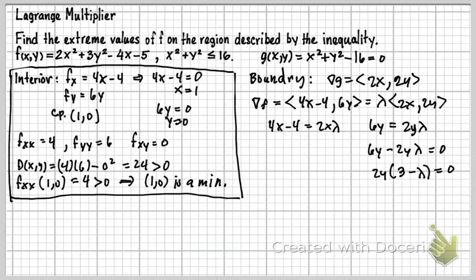Okay, so anyways, this tells me y is going to equal 0, or lambda is going to equal 3. And when I looked at this other problem here, this is the reason why I was having an issue. I'll just kind of show it to you. So 4x, if I subtract the 2x lambda over, I still have this minus 4 equals 0. So now this doesn't give me anything I can factor out or anything like that.